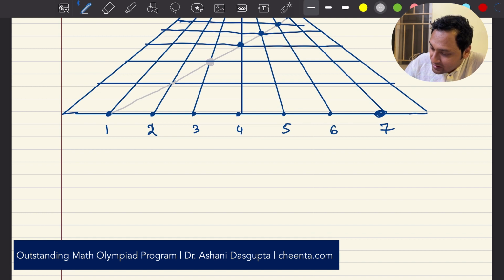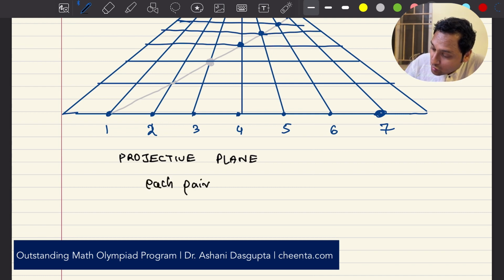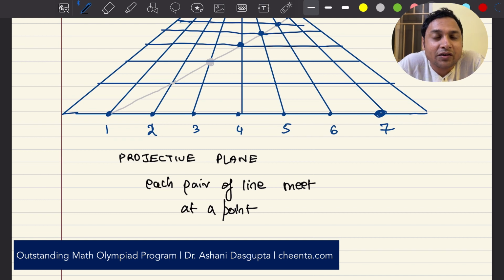So, in projective plane, each pair of lines meet at a point. So there is no pair of lines which never meets. Therefore, in that sense, there is no pair of parallel lines in the projective plane.